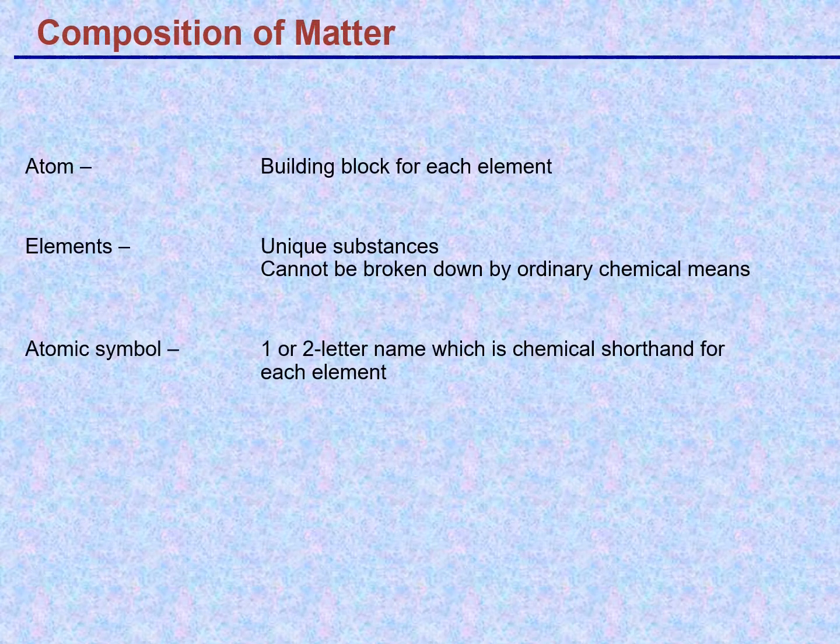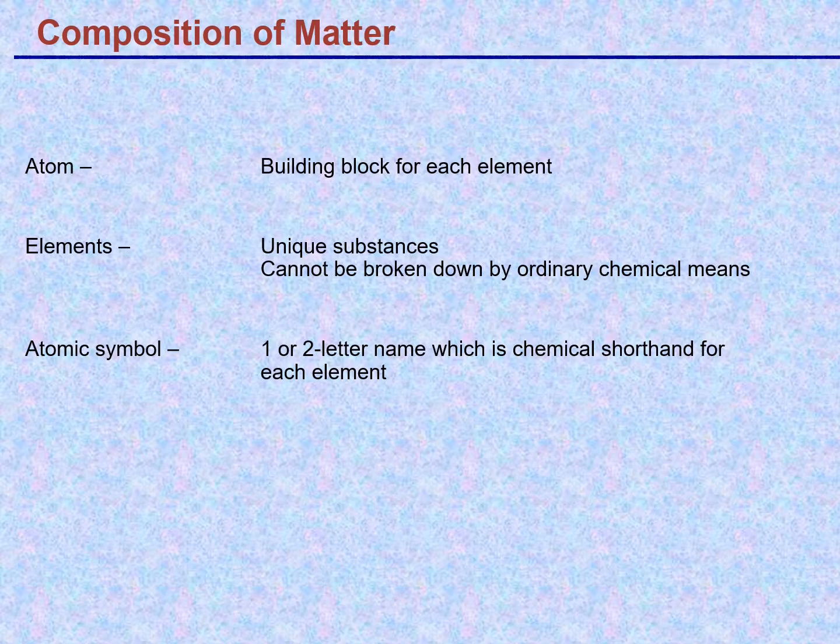Matter is composed of atoms. These are the building blocks for each of the elements. The atoms form into elements, the periodic table of elements. These are each unique substances with characteristic properties.